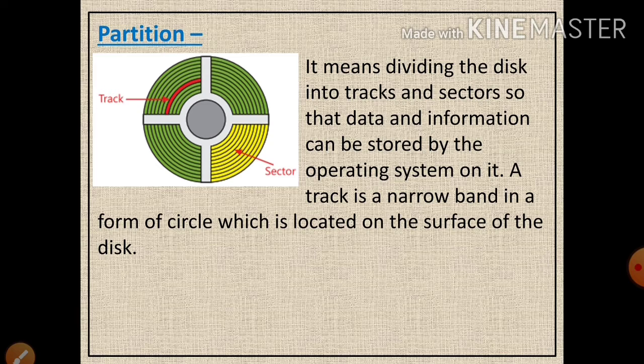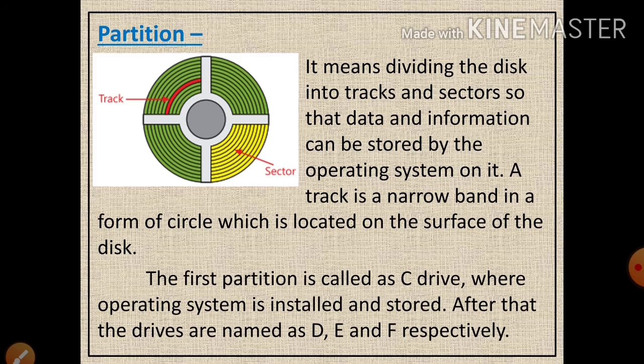Partitioning also allows us to install two operating systems on the computer system. The first partition is called C drive, where the operating system is installed and stored, and after that the drives are named D, E and F respectively.